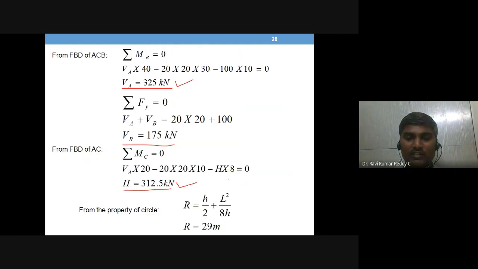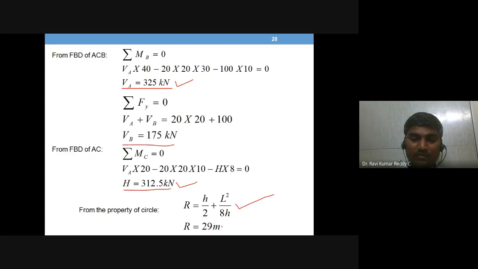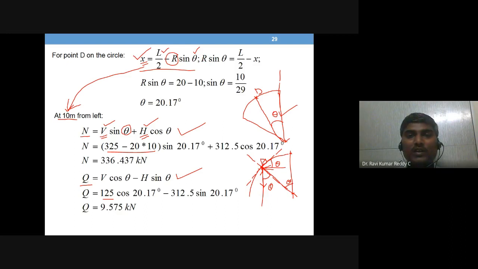You have the expression already derived relating radius, span and rise, that is R is equal to h by 2 plus L square by 8h. So simply substitute h is 8 meters, the rise, and span is 40 meters. That will give you the radius of the circular arch as 29 meters. So that we will substitute here as the R value.